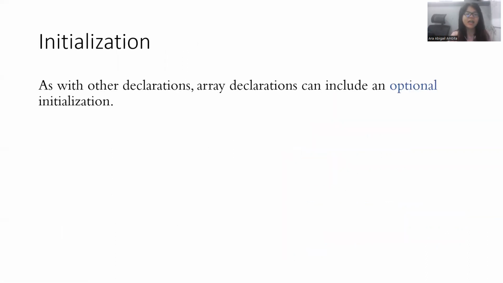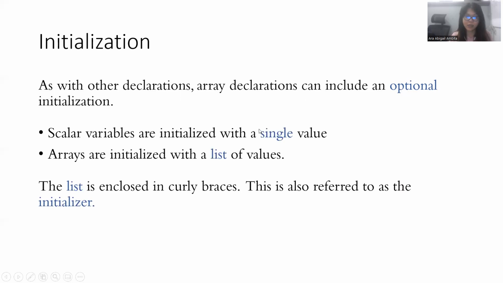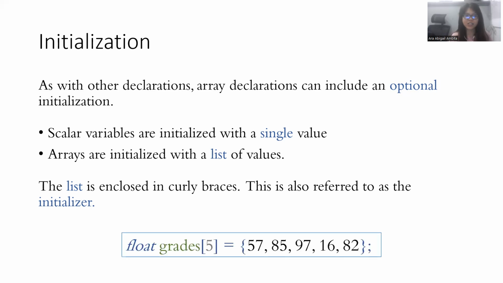Okay, so as with other declarations, array declarations can include an optional initialization. So scalar variables are initialized with a single value, and our arrays are initialized with a list of values. So this list is enclosed in curly braces, which is referred to as the initializer.